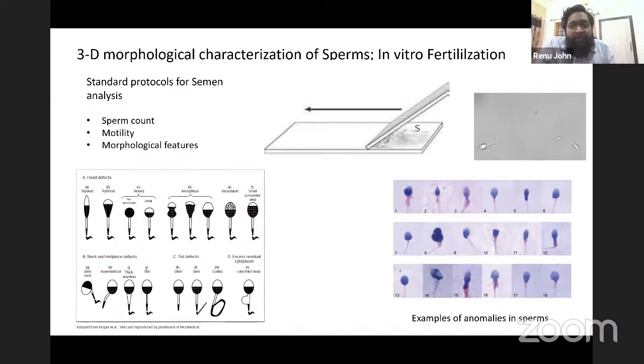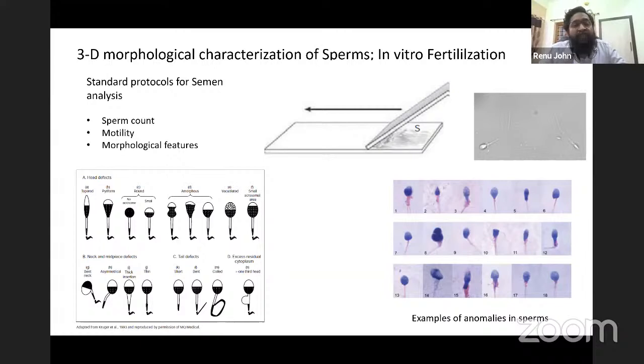The spermatozoa are extracted, fixed and stained, and loaded under a microscope to look at anomalies in the sperms. What we found in the literature is that there are about 80 classes of anomalies of human sperms which make them not useful for fertilization, what we call infertile sperms.